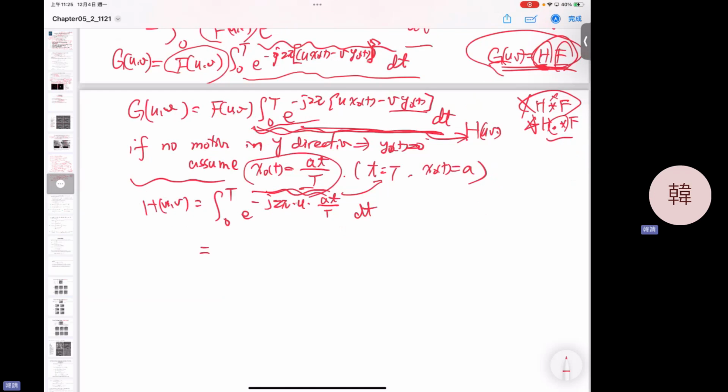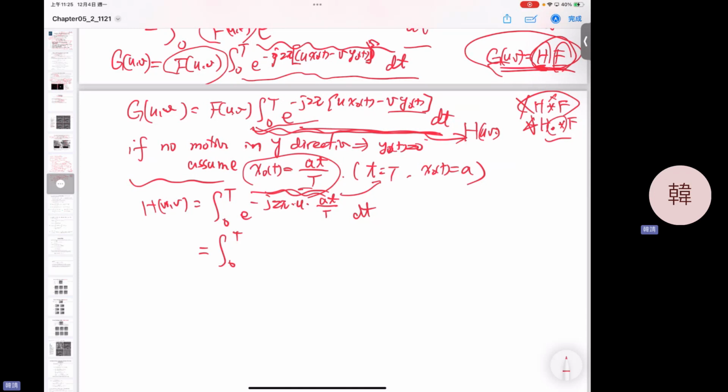So what's the linear motion result? It's the integral from 0 to T, and you can see what's the result for this calculus integration with respect to time. Let me write down an even better formula: exponential of minus j 2 pi u a t over T, dt. From your mathematics calculus, this is a very fundamental integration of the exponential term, right?